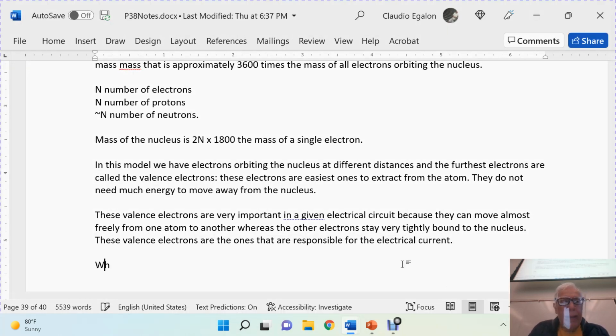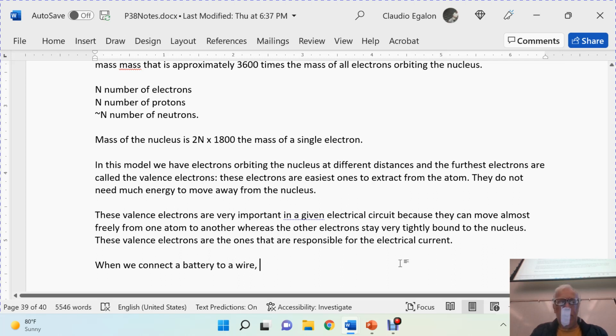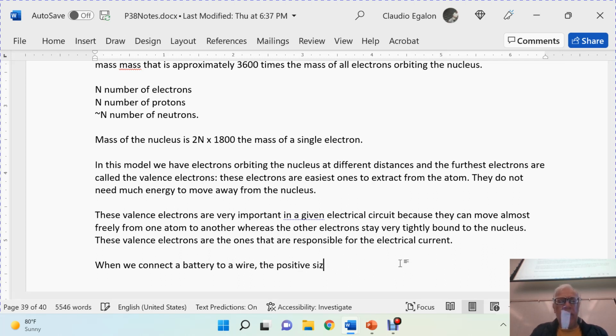When we connect a battery to a wire, the positive side of the battery attracts the valence electrons, producing an electrical current.